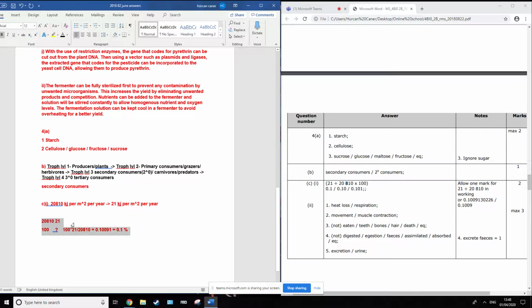Yes. 20.810'da kaçsa, 21 ise yüzde kaçtır mantığıyla. Exactly. You can remember this. This is not hard to remember. If you remember this, you can solve every calculation question. You don't need to remember any other formula.